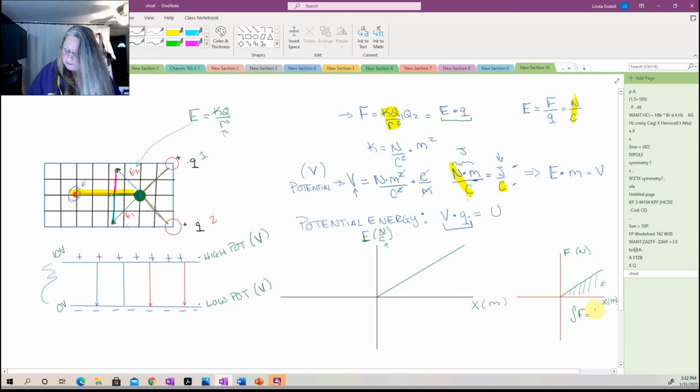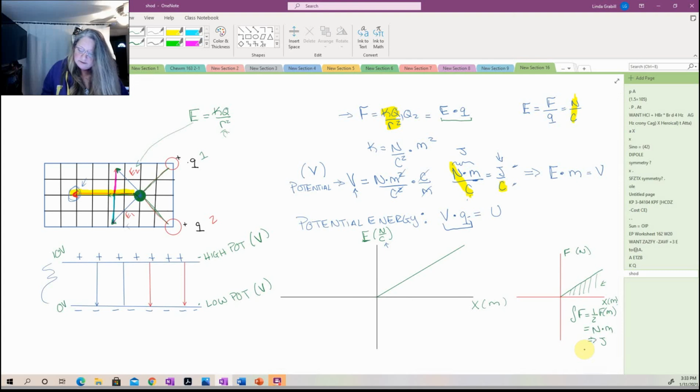For this thing, which would be like a spring, that's one half base times height, so one half force times a distance. The other way to look at that is that it gives me newtons times meters, otherwise known as joules. And we related that to work and energy, same thing.